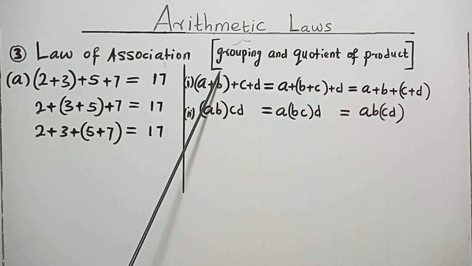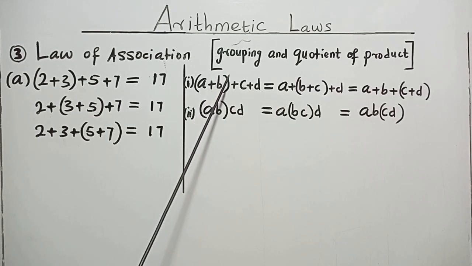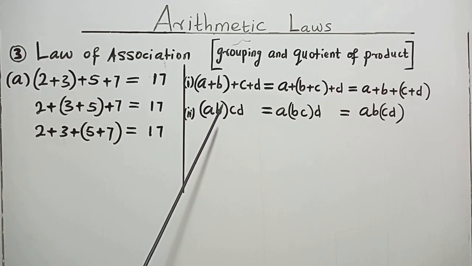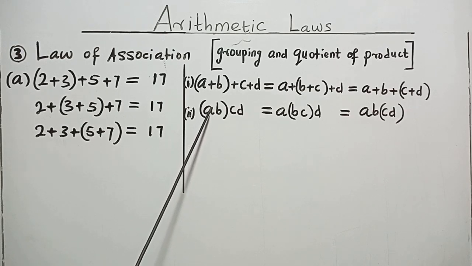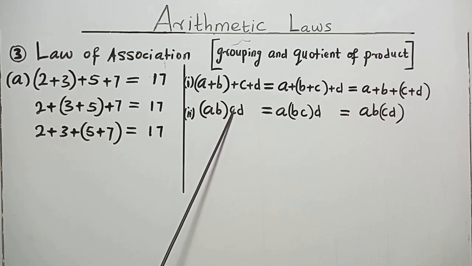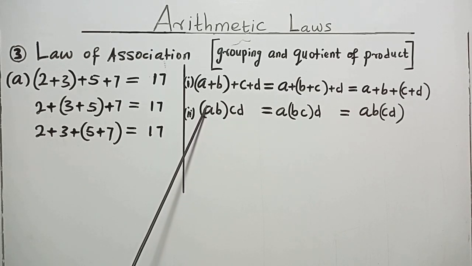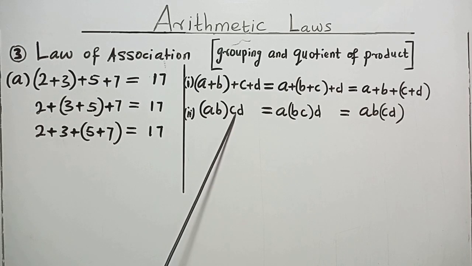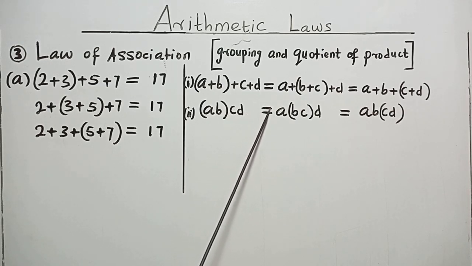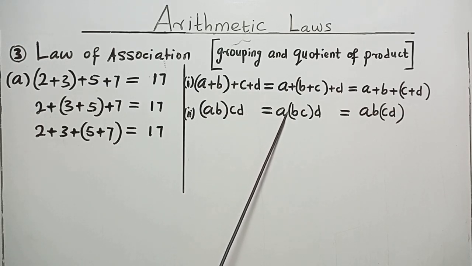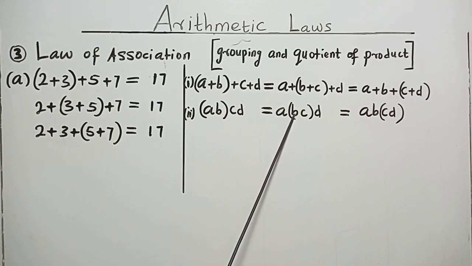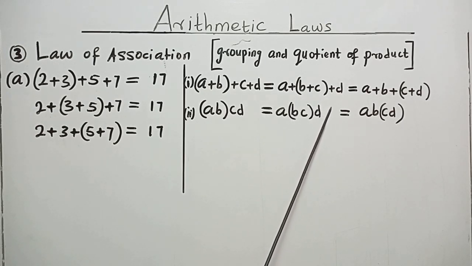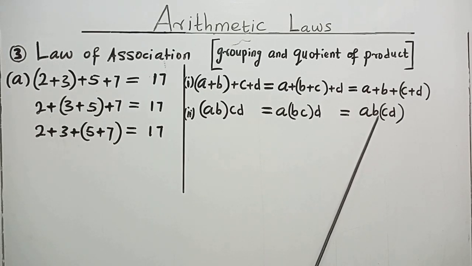This is number addition. Let us see what happens when numbers are multiplied in the same manner. A times B times C times D. We have it that A, B associated times C, D will give us the same thing as A times BC associated times D, the same as AB times CD associated.